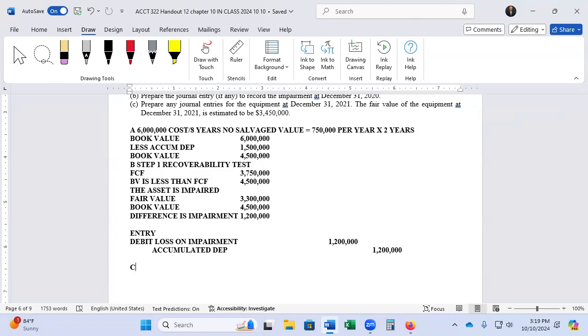I'm saying book value is less than future cash flows. Right, if the future cash flows are lower, then it's impaired. Oh, so book value is more, right? Thank you. Right. Sorry, you're correct. More than future cash flows. So the asset is impaired. Thank you for correcting me on that. No, absolutely. Good question.